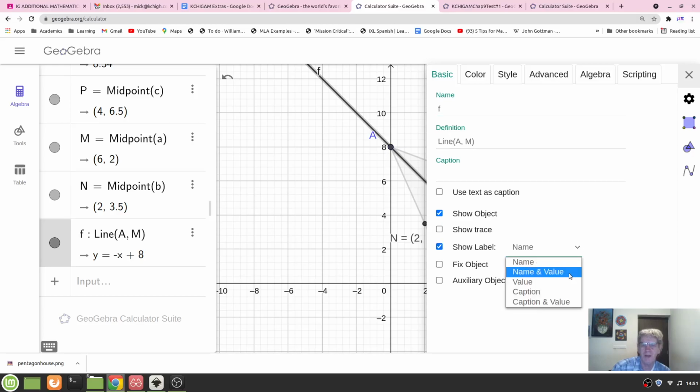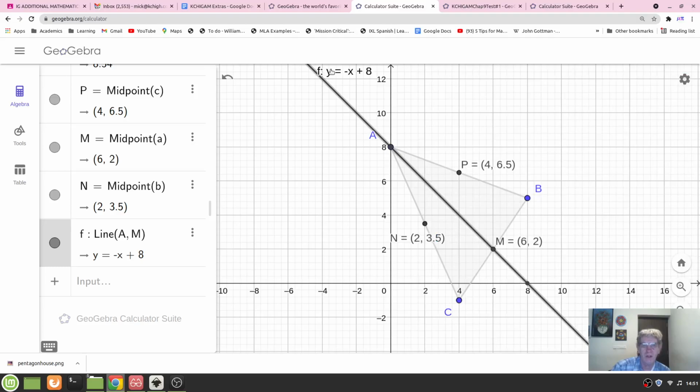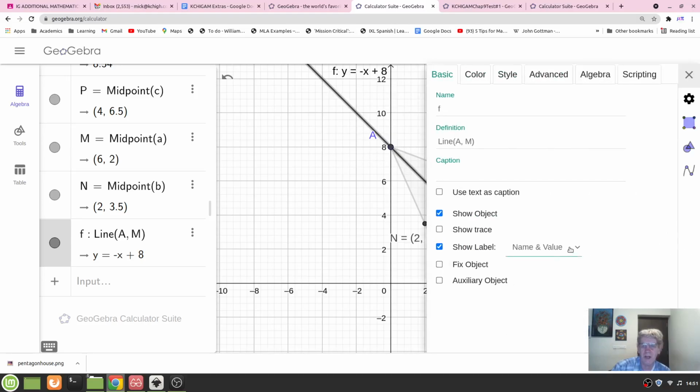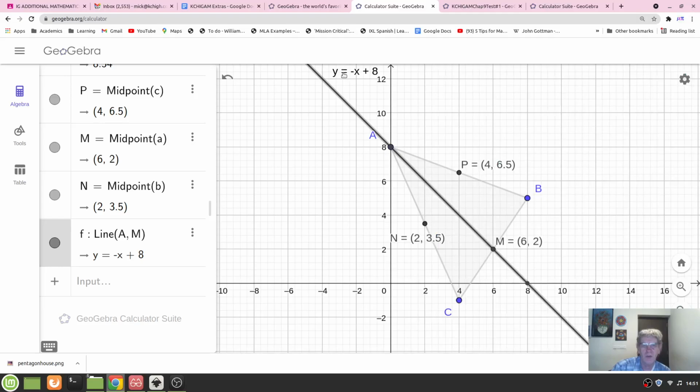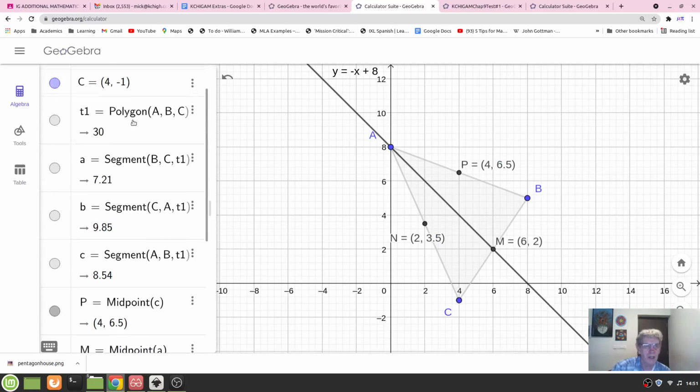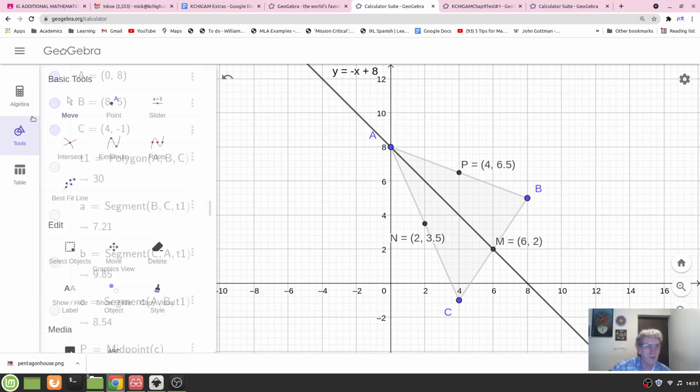Okay, name and value is what I mean there. Actually, I want just the value. Settings, name just the value. The value is the formula. Okay. So y equals minus x plus 8. That's what I'm asked for. Come back up. Make sure I'm on the move tool.